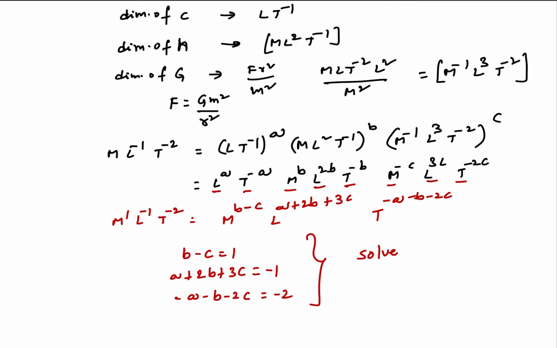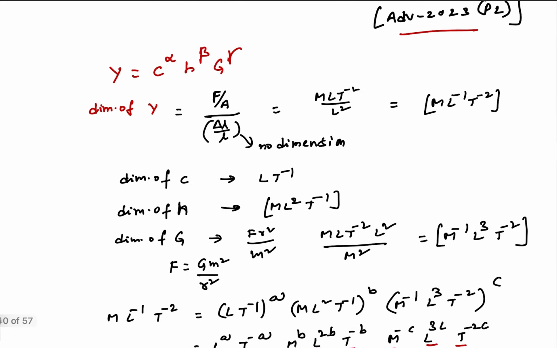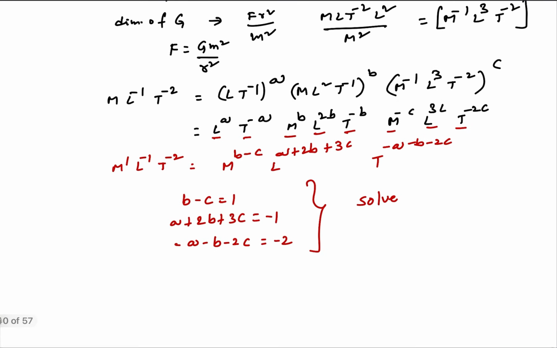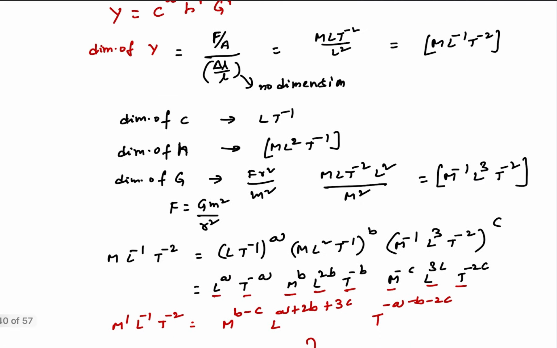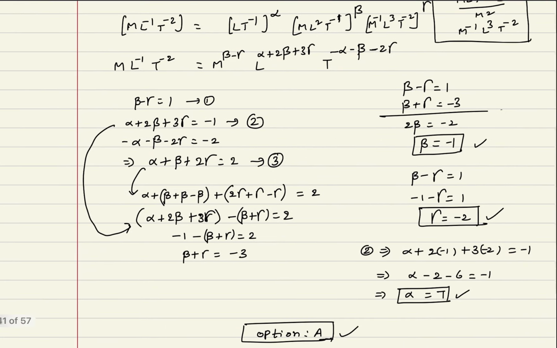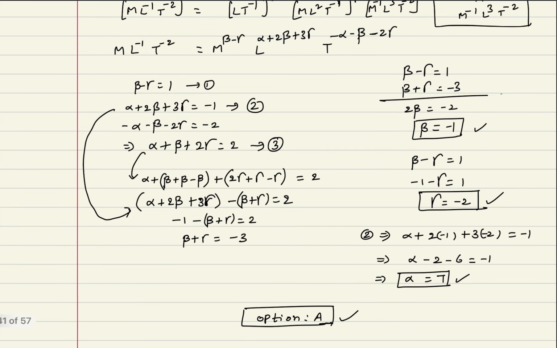Now you solve all these values. I have done one thing here. In place of alpha, beta, gamma, A is equal to alpha here, B is equal to beta and C is equal to gamma. If you solve all these values, I have already derived this, you can see it.